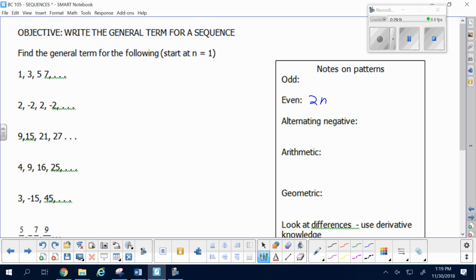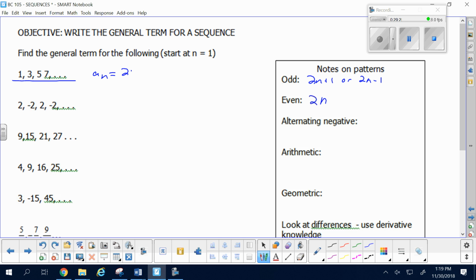They will only be putting in wholes. If you get evens by doing 2n, then you get odds by 2n plus 1 or 2n minus 1, whichever you prefer. Okay? So with that, if I were to write the general term for this sequence, I would say generally the nth term can be found by.